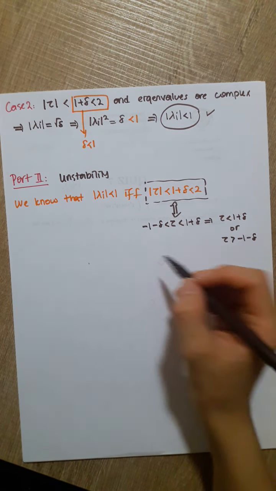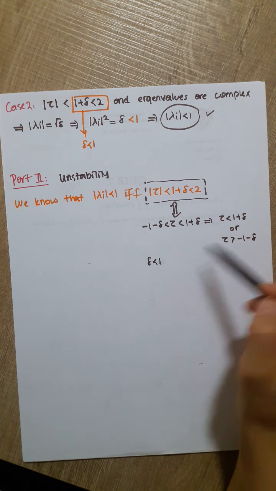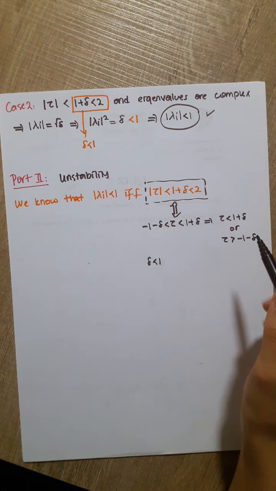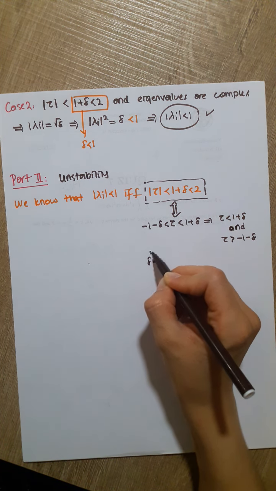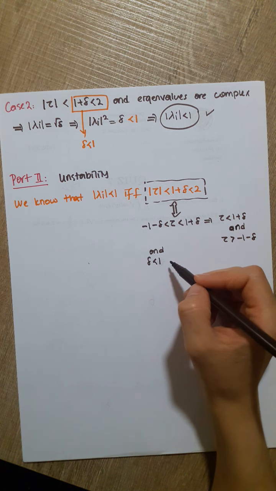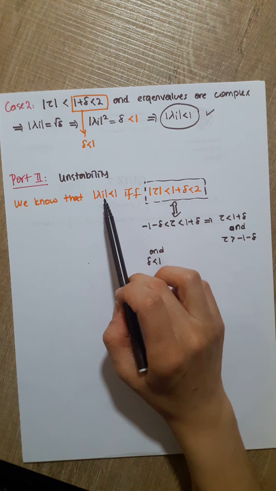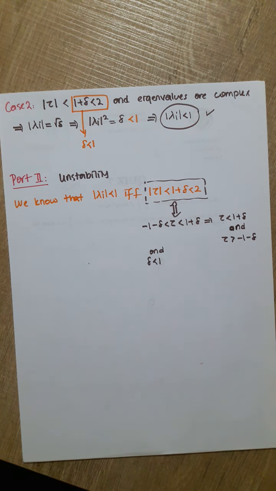From here we have delta is less than 1. Actually this is "and", and this is also "and". If one of them does not hold here, then at least one of the eigenvalues has magnitude greater than 1.